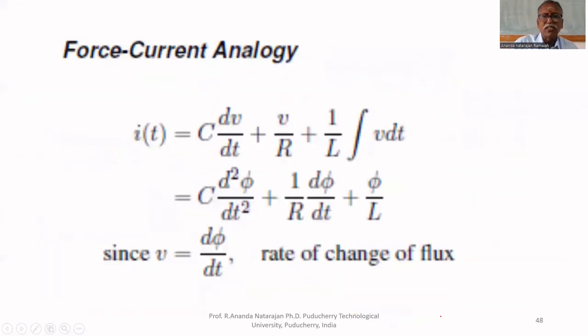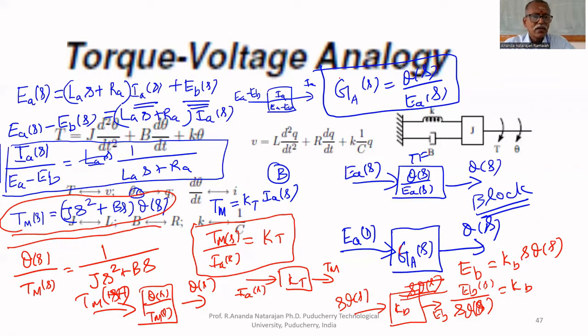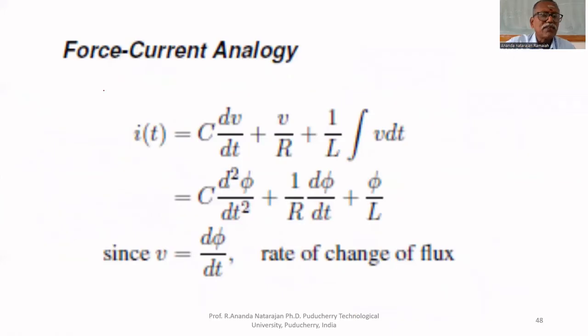We will combine all those things together. What is the first block? First block is, what is output? IA of S. What is the input? EA minus EB. Let us take that first. 1 upon LA S plus RA. What is the input given to this?